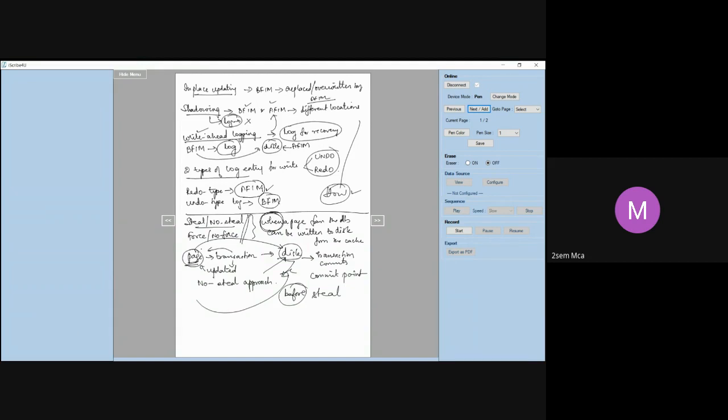Did you follow me? Any clarifications? If you want to update the page into the disk only after the transaction commits, that means the transaction has reached a commit point and has executed all the instructions successfully, that is called a no steal approach. If you are trying to update it even before the transaction commits, then you call it a steal approach.